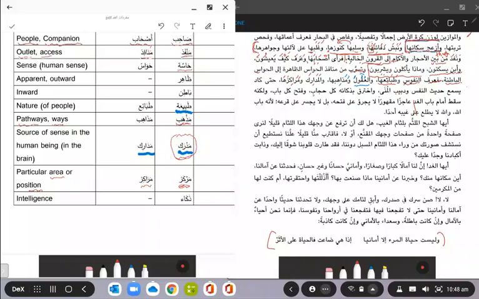But really it means a place or a position where something is. So madarik is the source of sense in the human being, because madrak is the place of perceiving, and the place of perceiving in the human being is the brain.